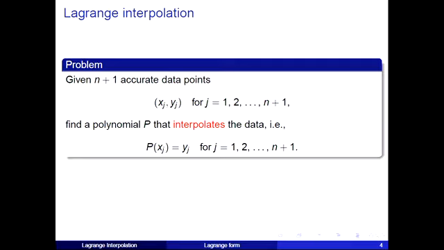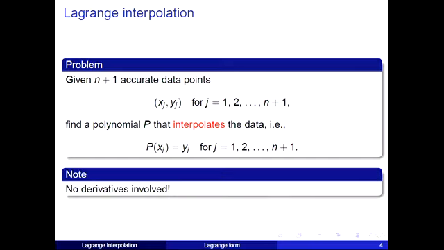The simplest one when people start with this problem, they just use polynomials. So the polynomial P interpolates the data. It means that the red curve is the polynomial, and it goes through the blue points, so the blue points are the data points, xj and yj. And it has to go through all the n+1 points. Then I call it interpolation.